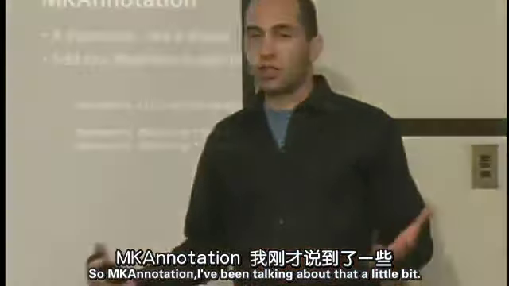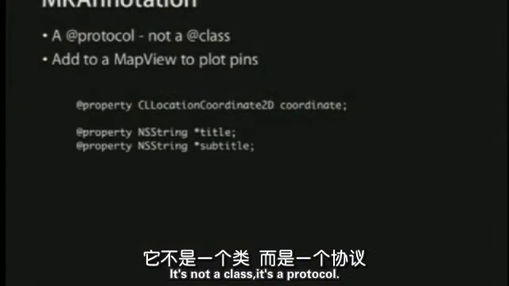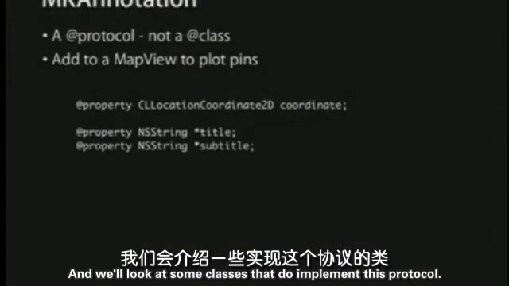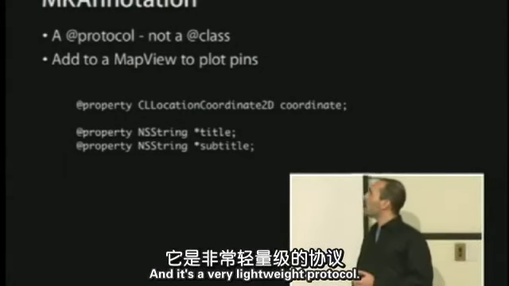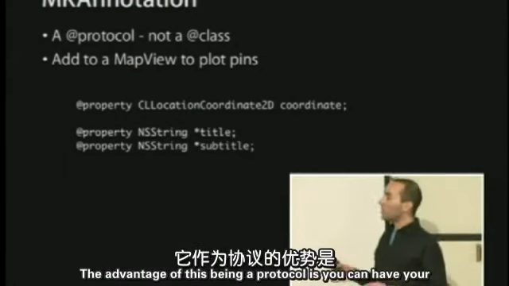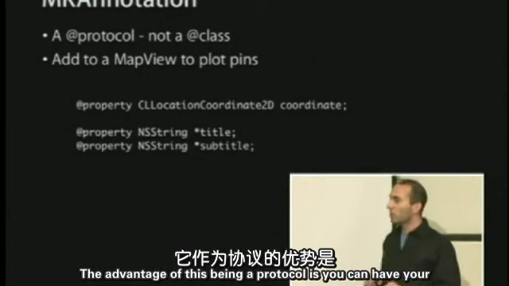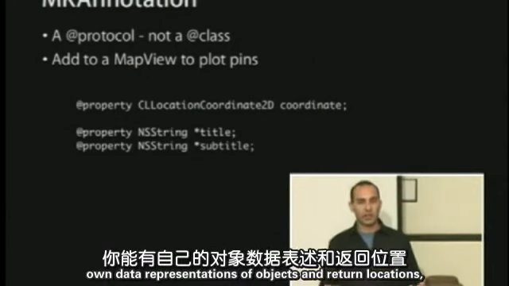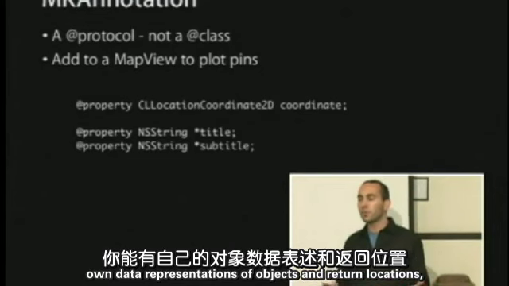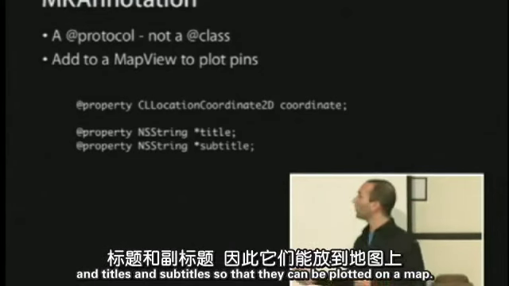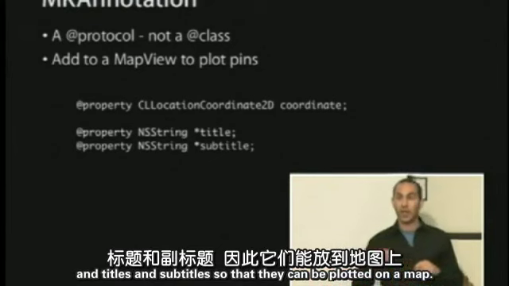So MKAnnotation, I've been talking about that a little bit. It's not a class, it's a protocol. And we'll look at some classes that do implement this protocol. It's a very lightweight protocol. The advantage of it being a protocol is you can have your own data representations of objects and return locations and titles and subtitles so that they can be plotted on a map.